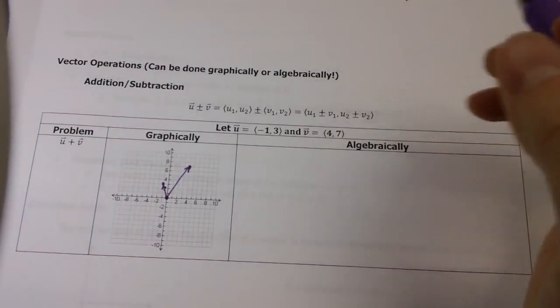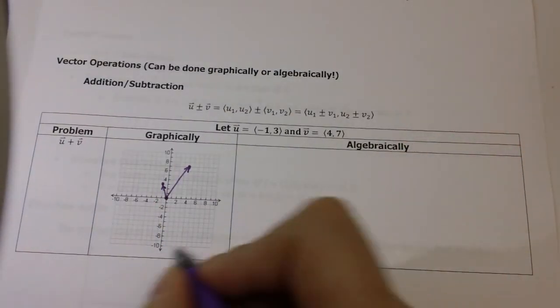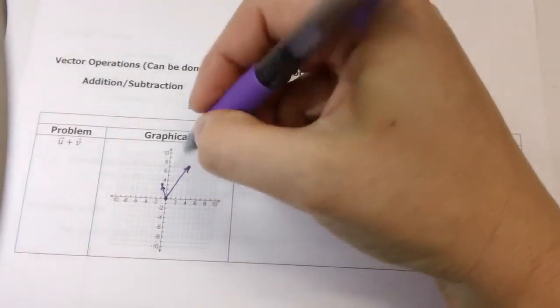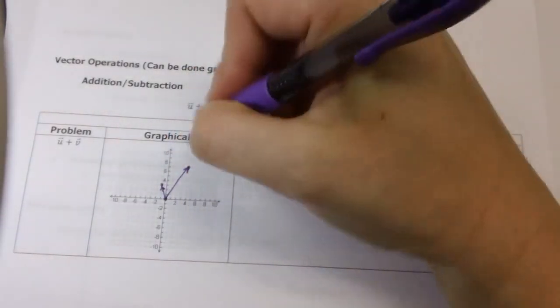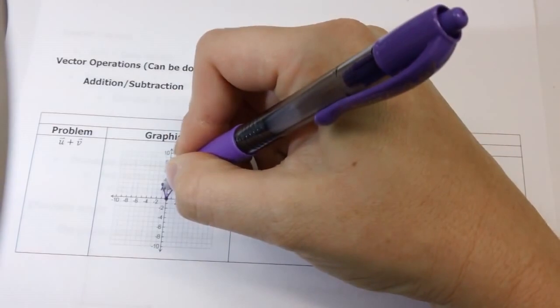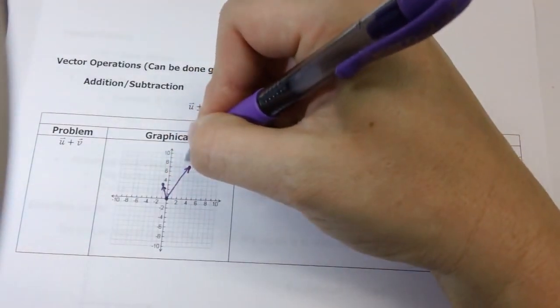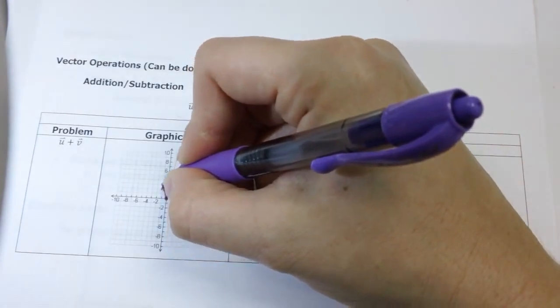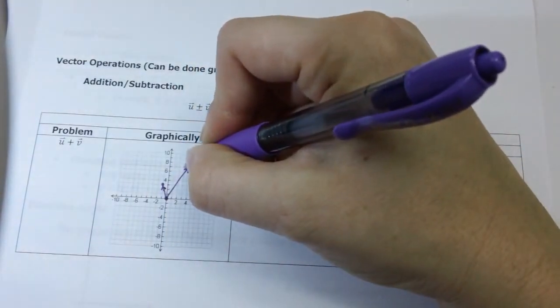Now, to find the sum of this graphically, what we're going to do is kind of create like a little parallelogram, I guess. So we are going to sketch this, basically take this vector and sketch it right here. Okay, so from this we go to the left one up 3. So I'm going to do the same thing here. Left one up 3.